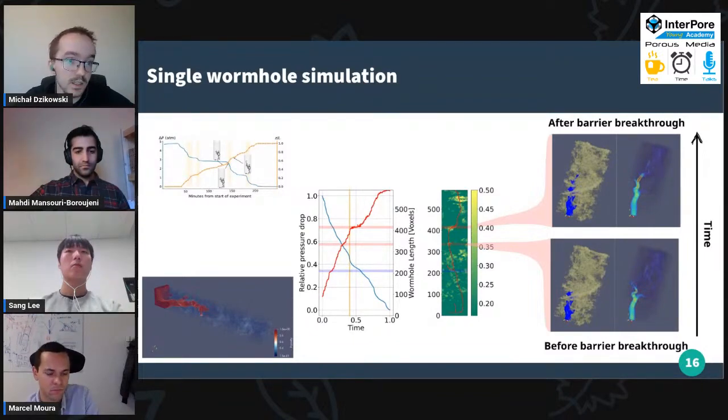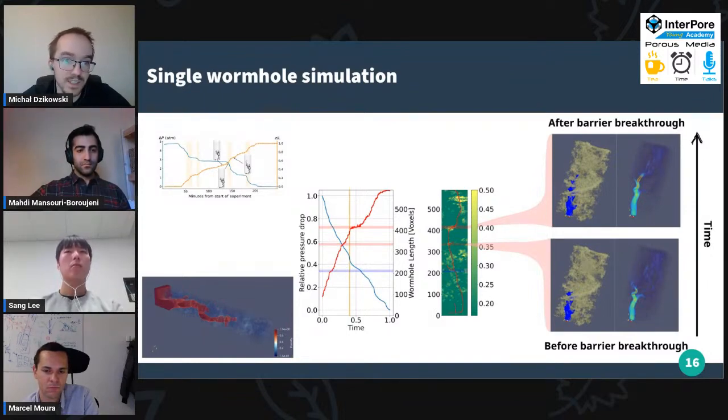So there is a certain area in the sample with rather low permeability layers, and when the wormhole passes through them, you could actually observe that the pressure drops cease to develop because the wormhole seeks other positions to pass through this layer, and then there is a sudden drop of pressure and rapid growth of the wormhole, which then stops because it starts to branch outside of this low permeable area.